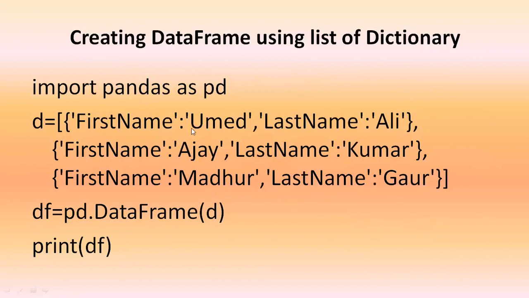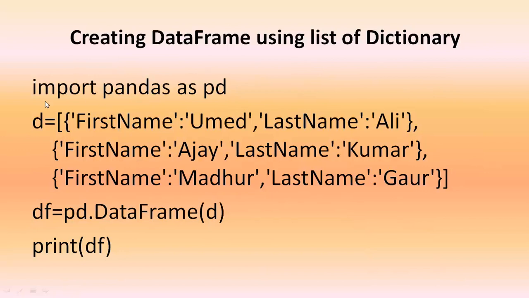This is our first dictionary, and the second dictionary is first name Ajay, last name Kumar, third name Madhur. So here we have three dictionaries, and combined you can see a square bracket. The square bracket is used for list and curly bracket is used for dictionary.